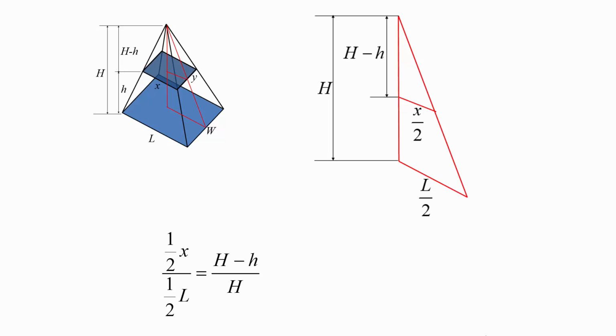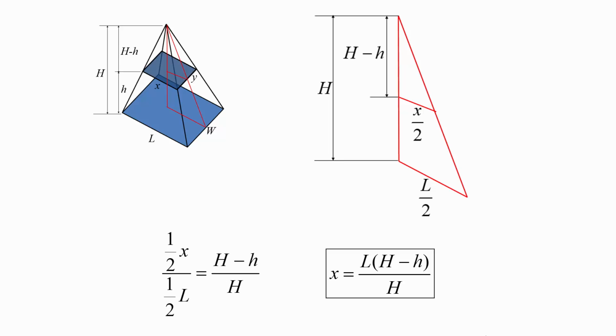And if we then choose another pair of corresponding sides, let's say the vertical parts of each triangle, we have capital H minus h over capital H. According to the property of similar triangles, those two ratios are the same. Now, just simplifying that expression, we obtain that x is equal to L times (H minus h) over capital H.